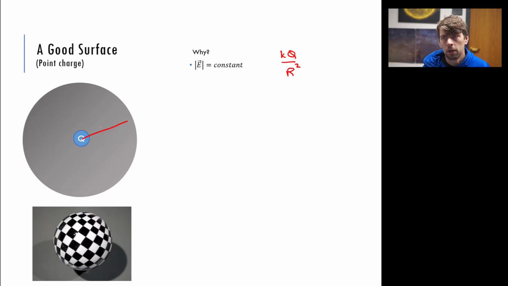So now the magnitude of the electric field is constant. Well, what about the direction? We should get some sense of the direction of the electric field on the surface of the sphere. And notice we'll have to take that surface of the sphere and chop it up into tiny, small area segments.